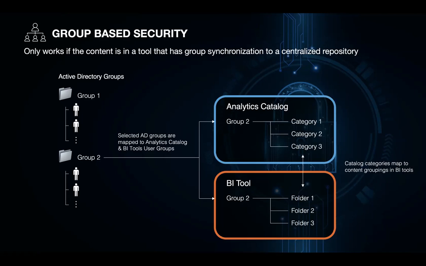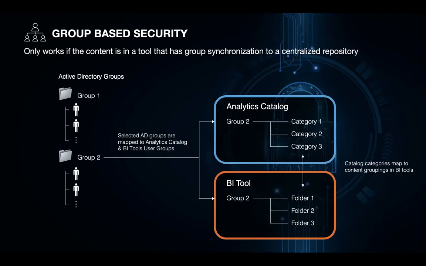If that's the case, then in your catalog you set up an alignment where you replicate these groups and synchronize their members in an automated fashion. You obviously have some kind of sync script for this, so that those groups exist in the catalog as well, with those users. When a user is added to the group in the AD system, it will flow through. Then within the catalog, you simply align it to a set of categories that map to the same organizational paradigm as in the BI tool. In this case, category maps to folder.